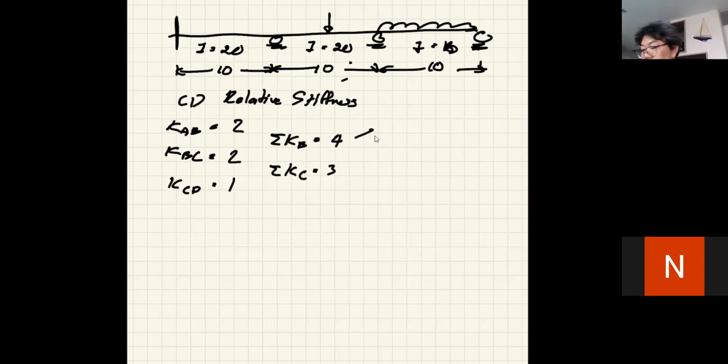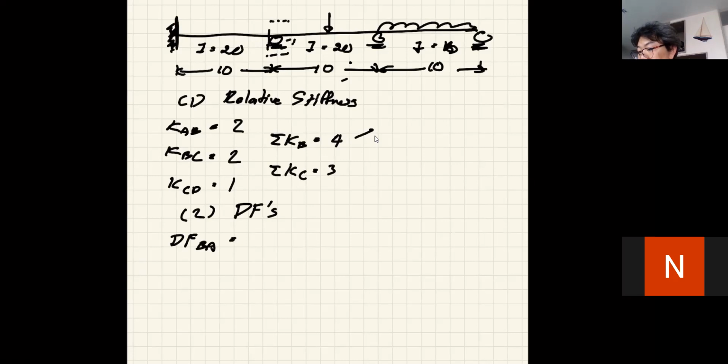Okay, so let's move on to the next step. Step number 2. I'm just going to use the nomenclature now. So it's distribution factors of member AB, but again, joint A is fixed. So if we focus on joint B, let me call this distribution factor BA.